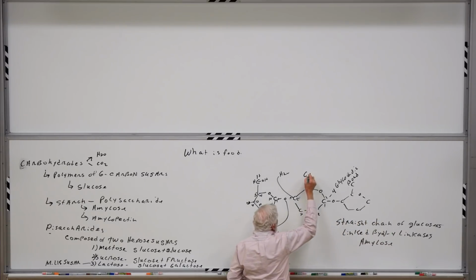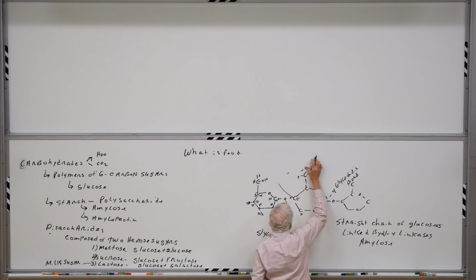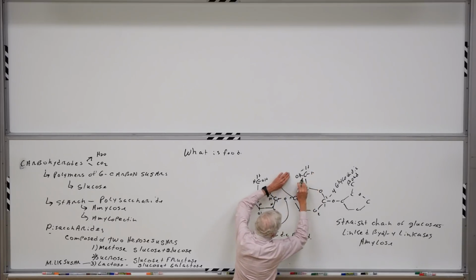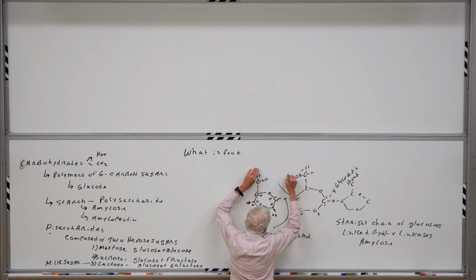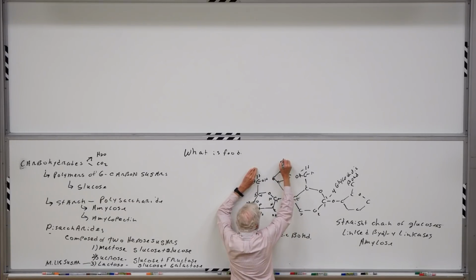But we can also take this number 6 carbon up here, which has a hydroxyl and 2 hydrogens. Let me do it this way, H, OH, and hydrogen. Now we can utilize this hydroxyl and take it to a number 1 carbon. 1, 2, 3, 4, 5, there's the oxygen, there's the number 6 carbon.